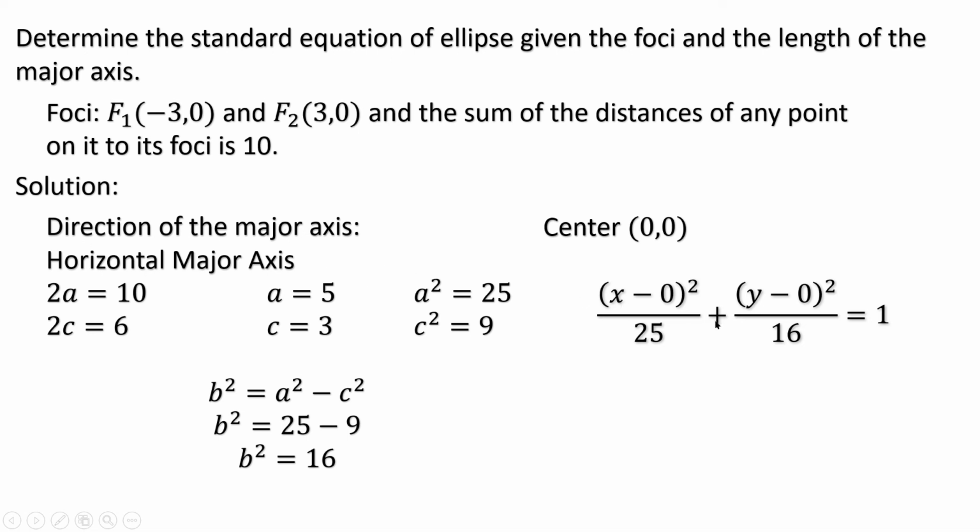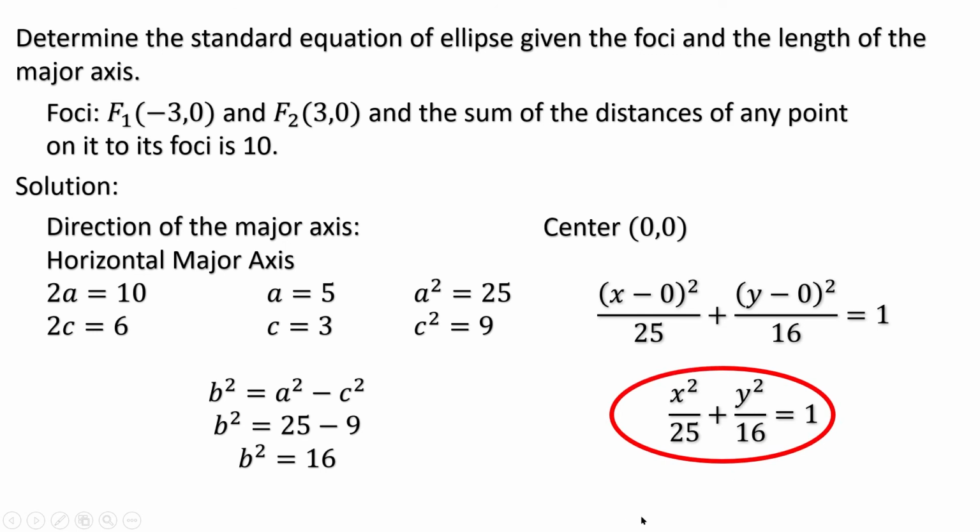If x is changing, that is our indicator that it is our major axis. And then y minus 0 squared over 16 is equal to 1. Simplifying, we have x squared over 25 plus y squared over 16 is equal to 1. So this is our standard equation of the ellipse.